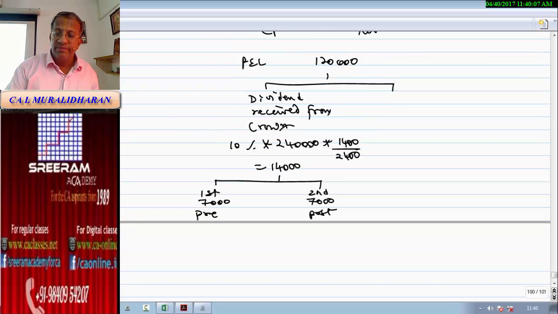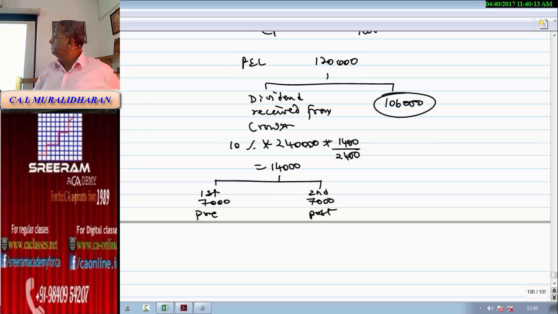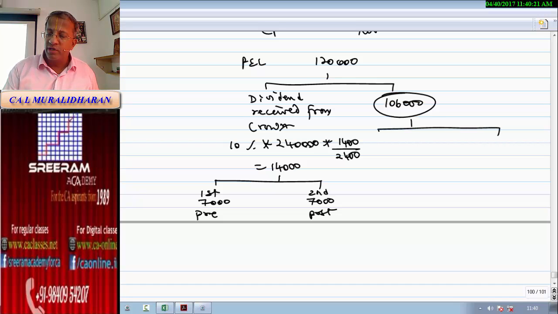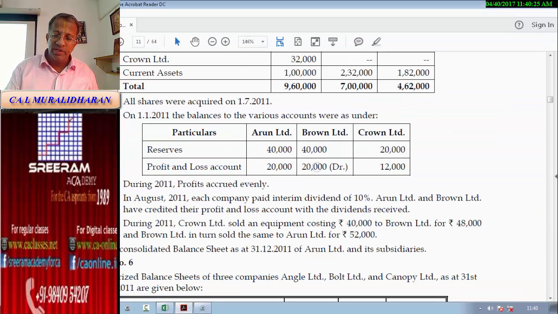Then the balance amount is 106,000. Am I right? This should be the correct amount that we should have taken up. But anyway, we will bring out further analysis. What is opening balance? Opening balance being 20,000 negative.